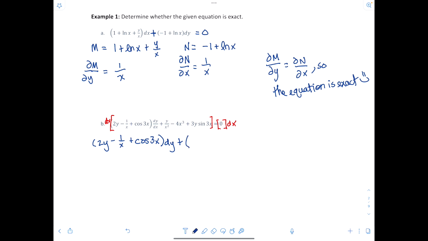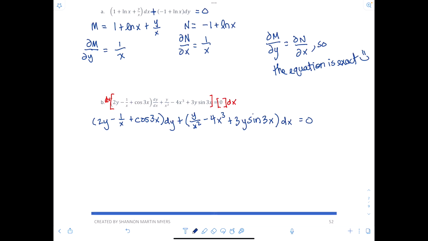So I'm going to start my parentheses, and we'll have y over x squared minus 4x cubed plus 3y times sine at 3x times dx, and then 0 times dx is still 0. All right, what do you think? Are we good to go?